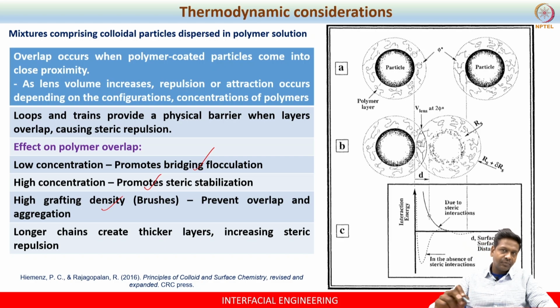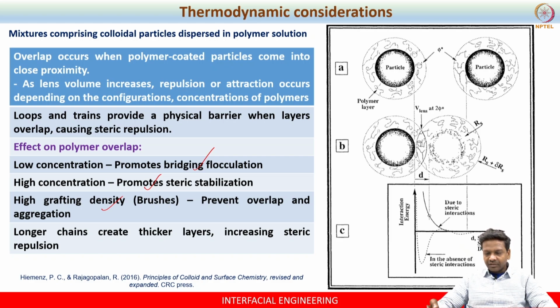If you choose a slightly higher molecular weight polymer, the longer chains create thicker layers on the surface, which ensures more steric repulsion. In such a case, you would expect steric repulsion to be more dominant than the bridging flocculation.